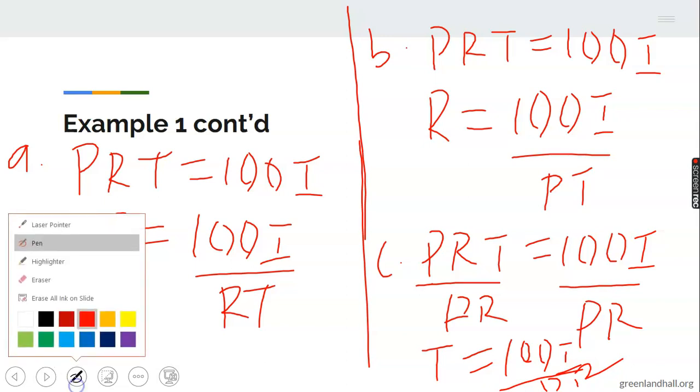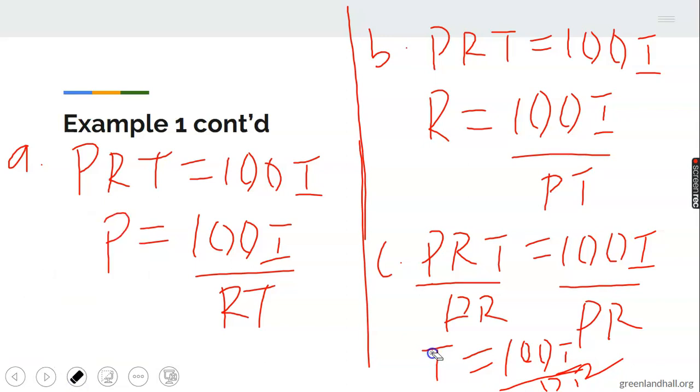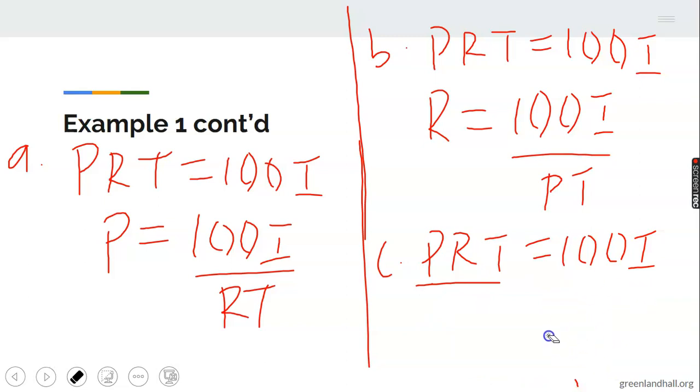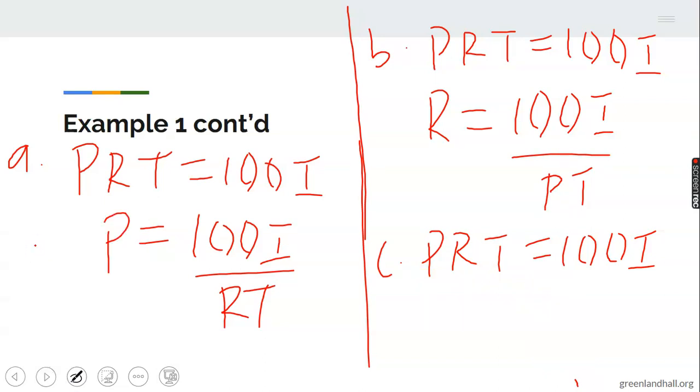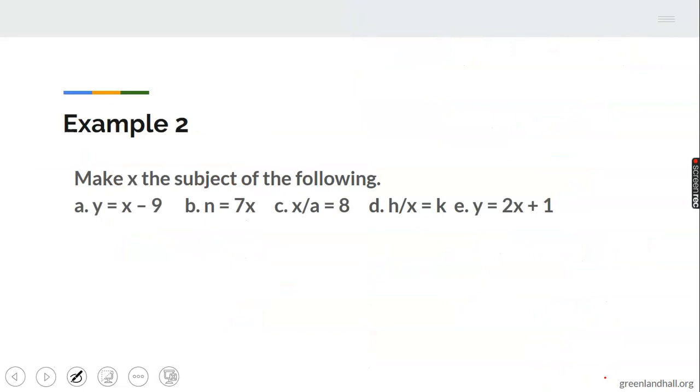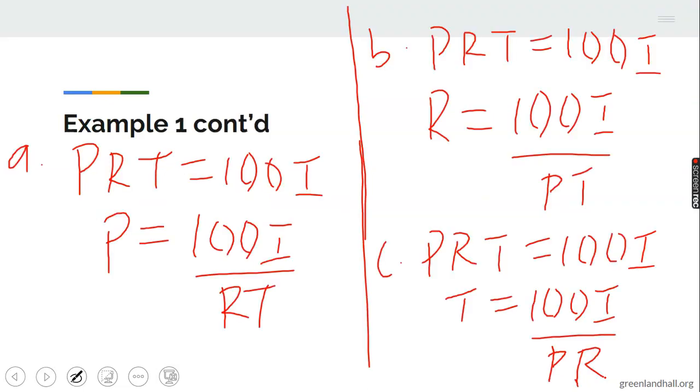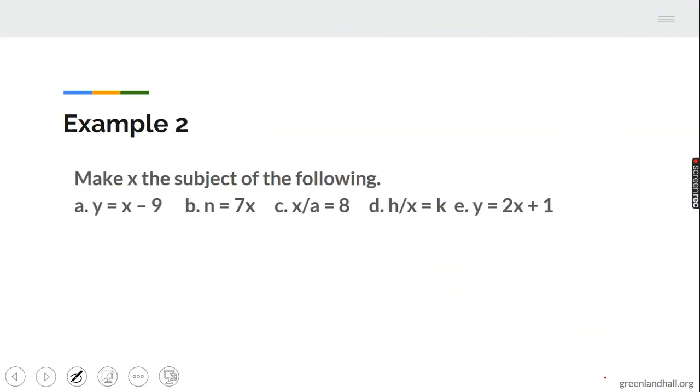Or better, let me write it clearly so that some will not be confused. Just divide both sides by PR. That means T equals 100I over PR. That's all. I think it's very good.